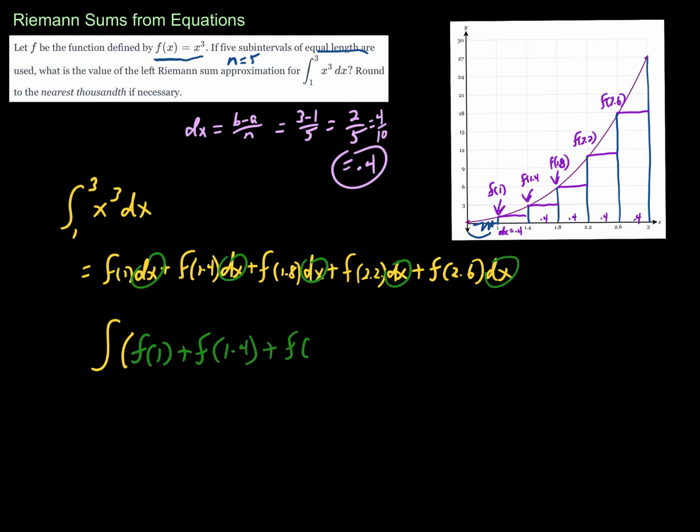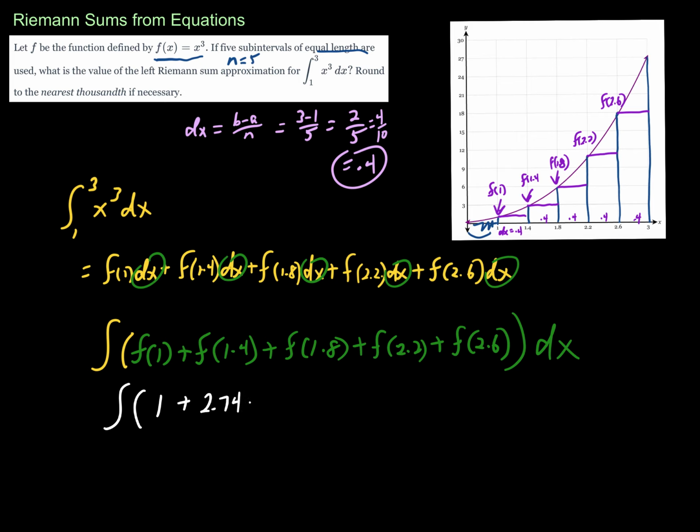So what I'm doing is taking out the one common factor of dx, and you might find this a little bit easier. Then you add all those up, and then you just multiply by the one dx value. Here are the values. F of 1, well, 1 cubed is 1. 1.4 cubed is 2.744. I'm just using my calculator here. This one came out to be 5.832. 2.2 cubed is 10.648.